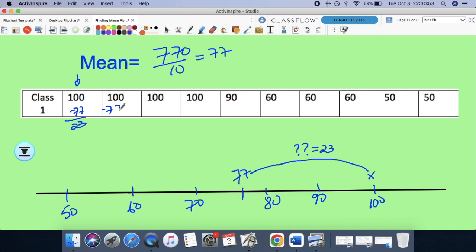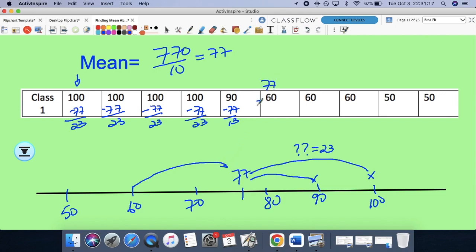So again, 23, 23, 23. What about 90? How many steps does he have to go to 77? If you do 90 minus 77, you get 13. How about 60 to 77? We'll put 77 on top, so it's going to be 17.